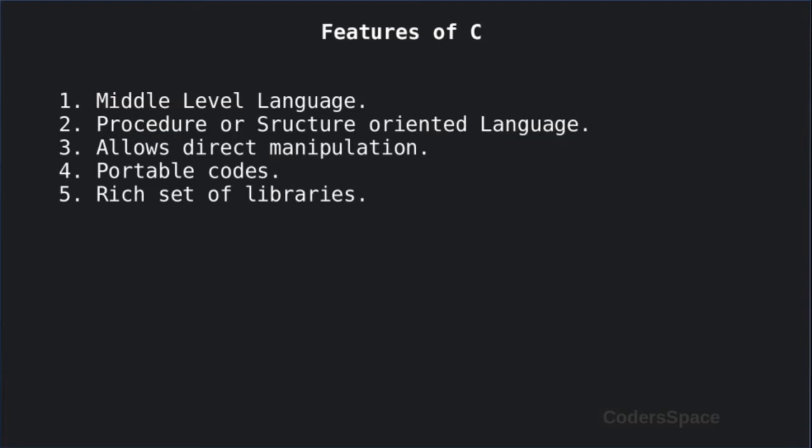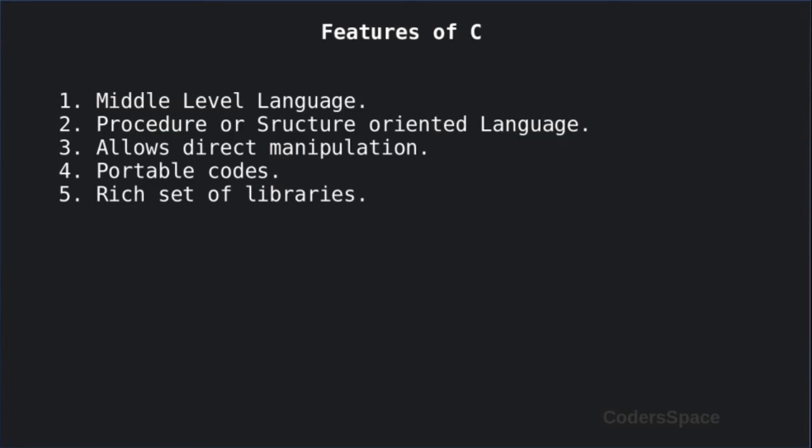Another basis on which we can categorize programming languages is procedure oriented and object oriented. In procedure oriented languages, what they basically follow is that they divide a bigger task into smaller tasks, and then you can achieve the entire task.